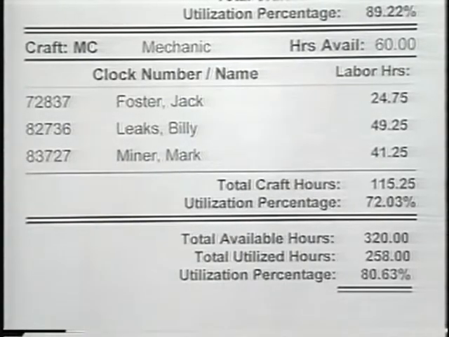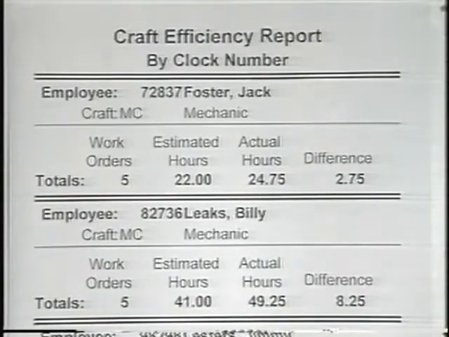So you could see if the data is in the system, you can extract it based upon your user-defined requirements. Now the next exhibit, which is identified as Exhibit 9-3, pertains to craft efficiency.